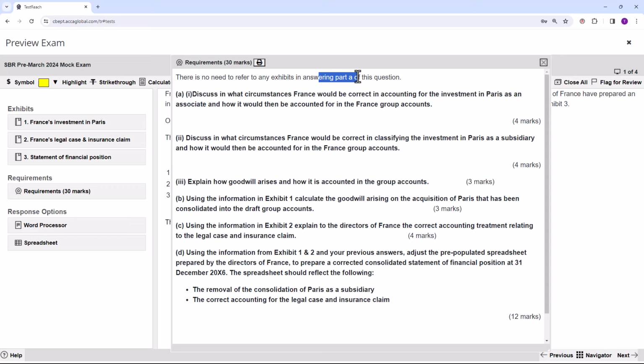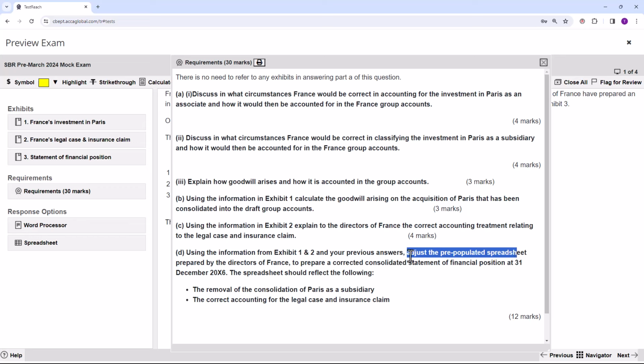But just before we do that, let's have a very brief overview. We're discussing, we're explaining. So part A is kind of an abstract. We're then very specifically calculating goodwill. We're then very specifically talking about an insurance, some kind of legal case. And then in part D, we're adjusting the pre-populated spreadsheet.